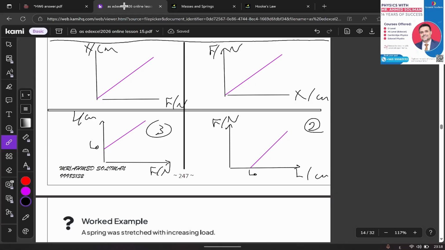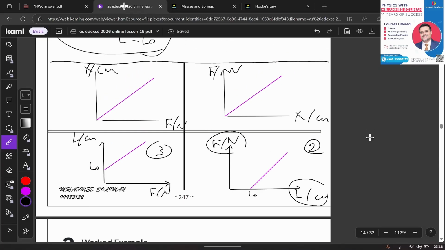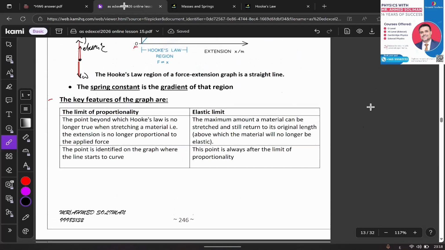And any object, a spring or a rubber band, has an initial length. This is why it can't start from the origin point. Do you understand, Habiba? Yes. Mirula, do you understand? Yes. Sometimes he will ask you to explain why it doesn't start from the origin point, because if we have length with force, it must start from the original length. Okay?